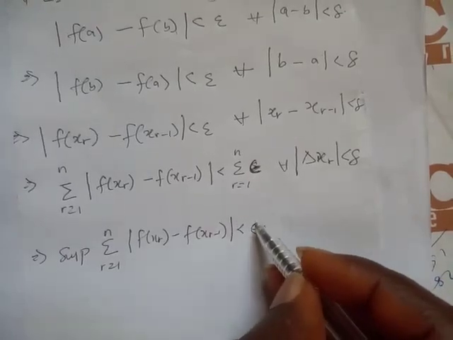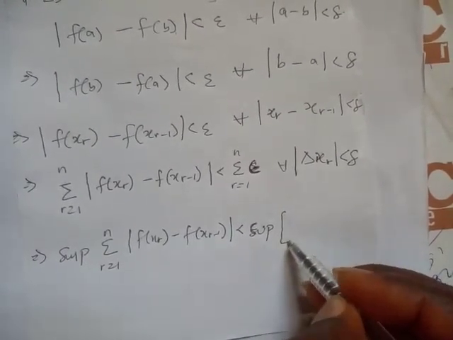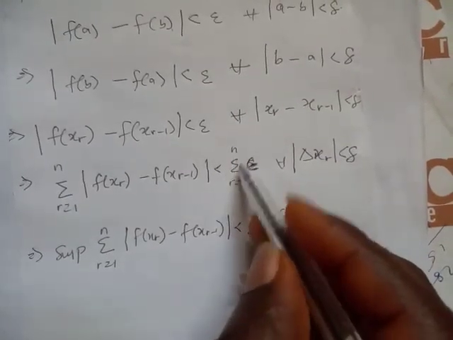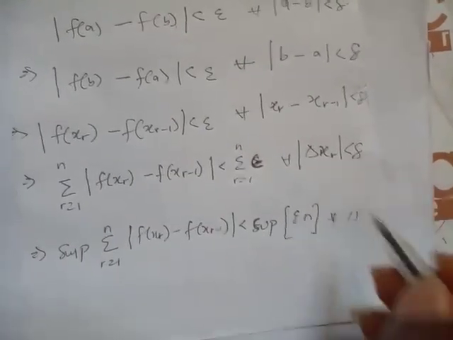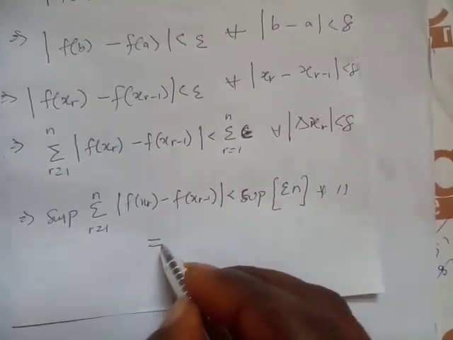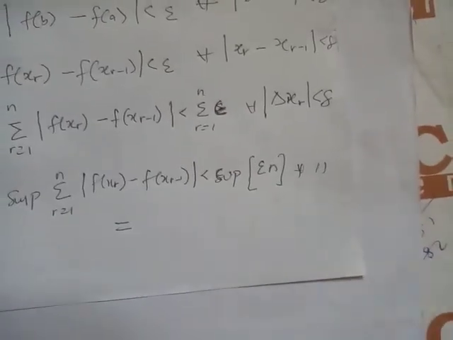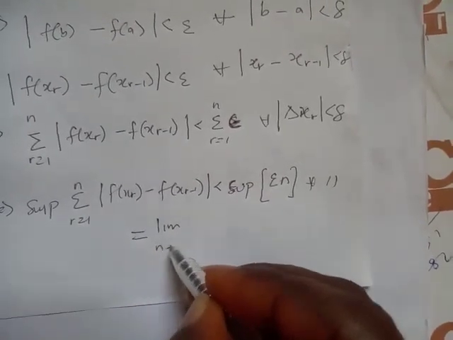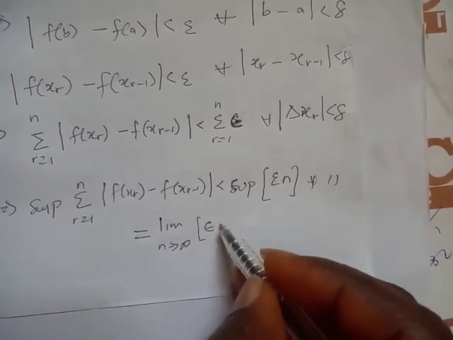Summation of ordinary 1 is just n. Don't forget that we have proven this under the Riemann integral, as the limit as n tends to infinity. This is epsilon n.